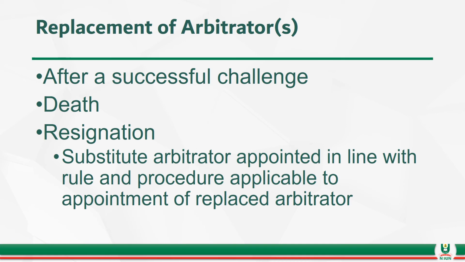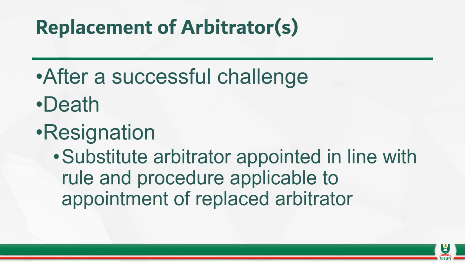Two other grounds where an arbitrator may be replaced are if an arbitrator dies or an arbitrator resigns. In both cases, in fact in all of them, the number of arbitrators may fall below the minimum agreed by the parties. Then there's need for replacement.